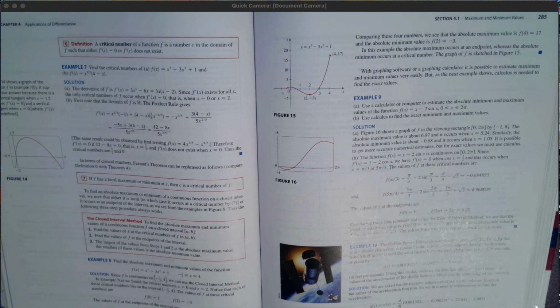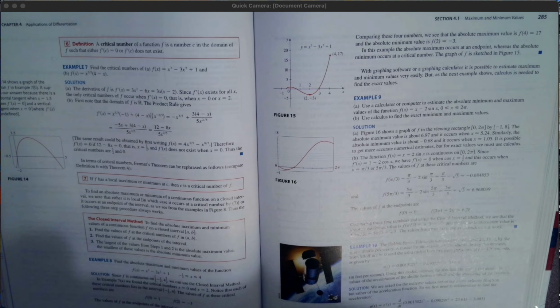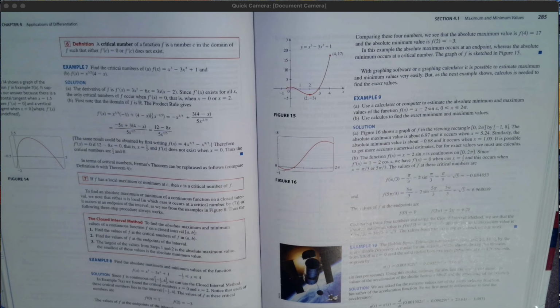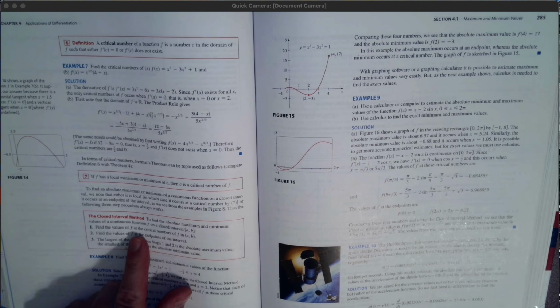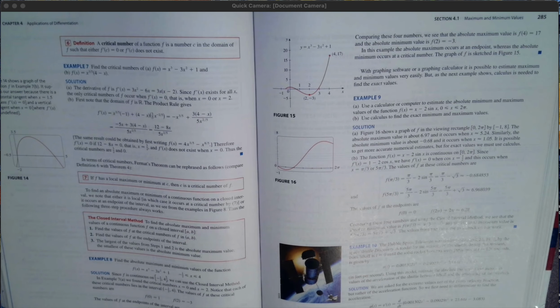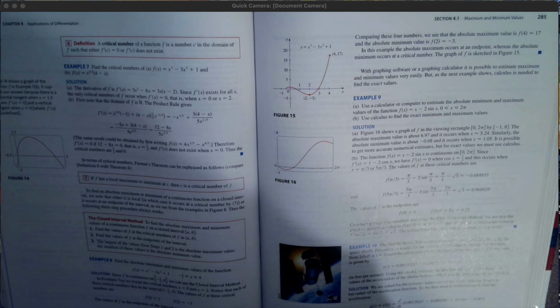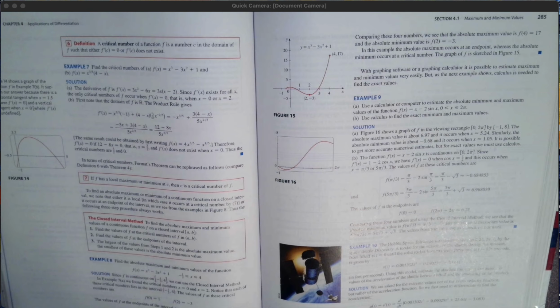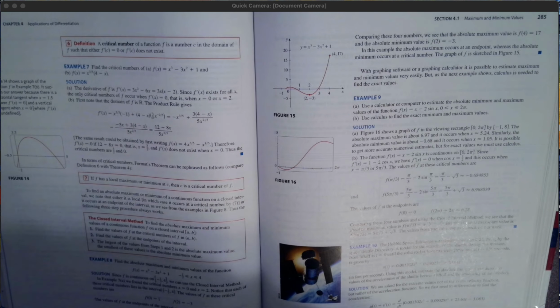Page 284, either the derivative is 0 or the derivative does not exist. All right, closed interval method, that's an important one. It's on page 284. You should definitely know how to do the closed interval method, and try not to confuse it with some of the other derivative tests. Okay.